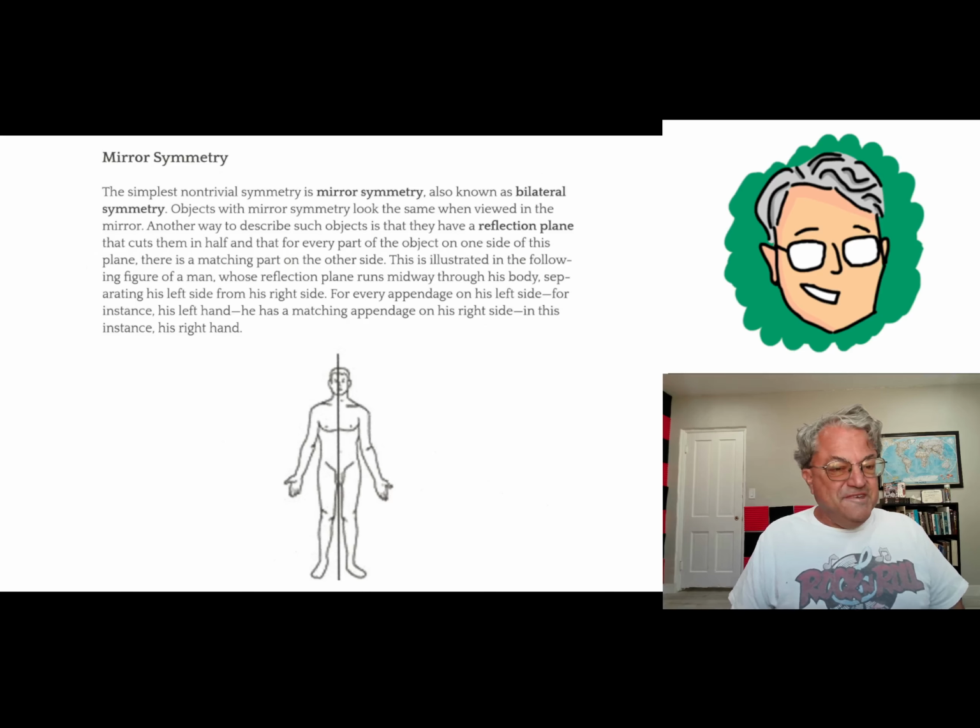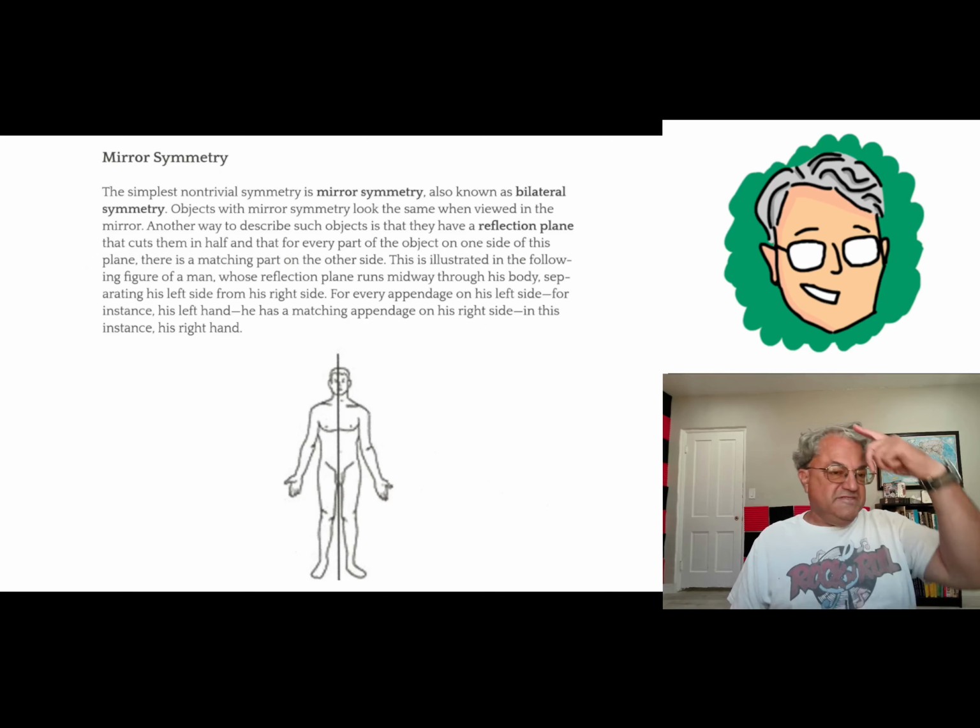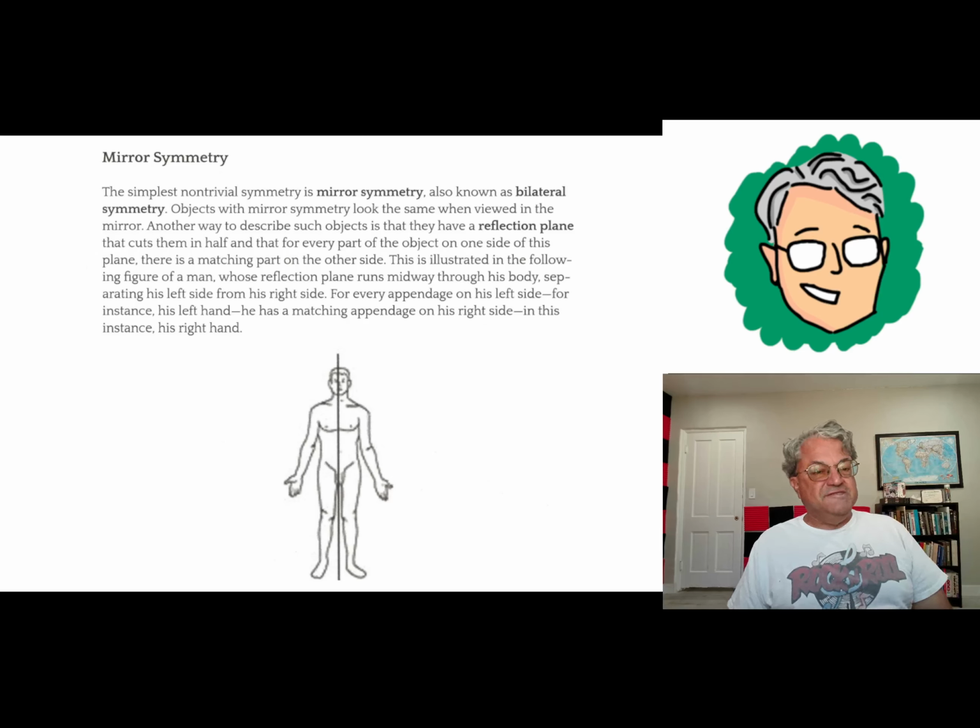That's another way to say it. And when we say that an object has mirror symmetry, what we're really saying is if we placed a mirror about a particular axis, a particular plane in the figure. If you're talking about 3D figures, you have a mirror plane, a reflection plane.